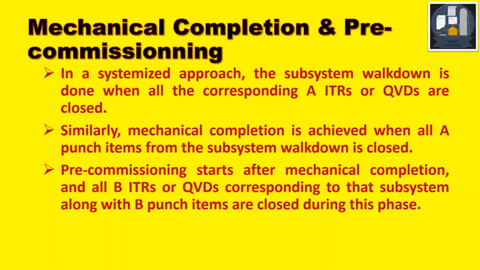When you start a walkdown, you generate punches, which are categorized A, B, and C. When all A punches are closed, then you achieve the mechanical completion. Pre-commissioning starts after mechanical completion, and during this time, all BITRs or QVDs corresponding to that subsystem along with B punches are to be closed during this phase.